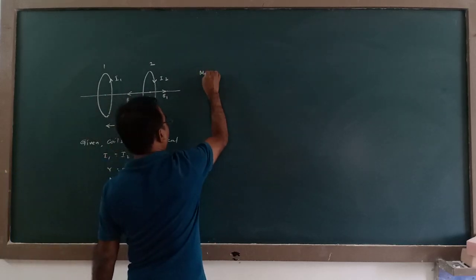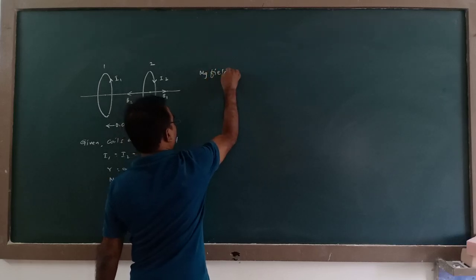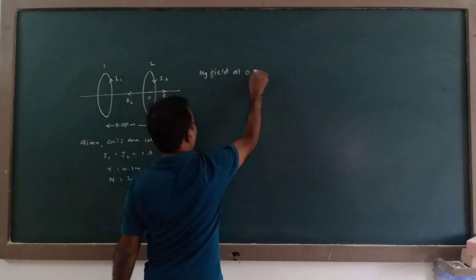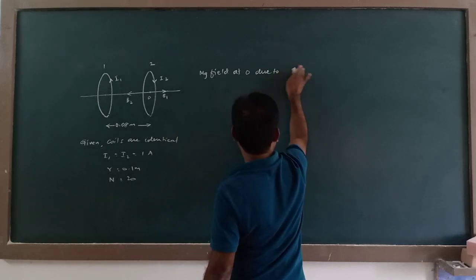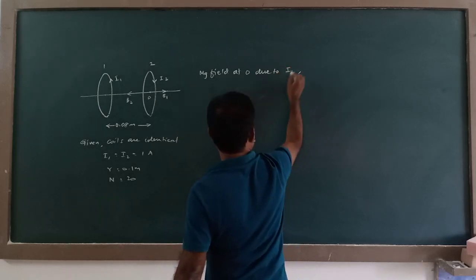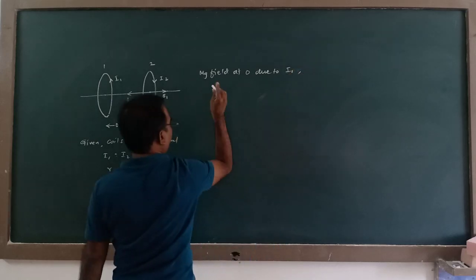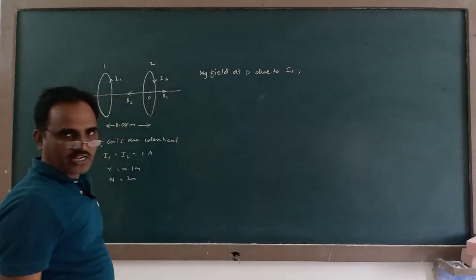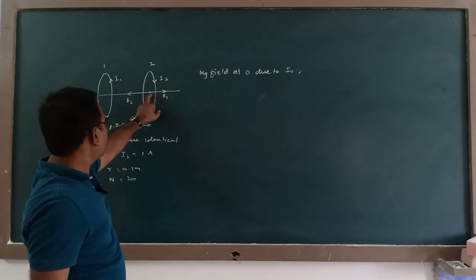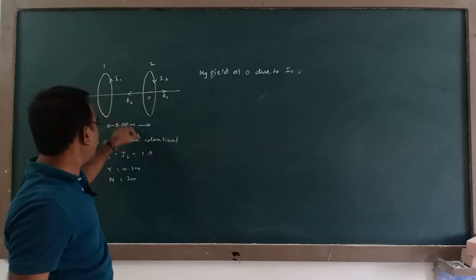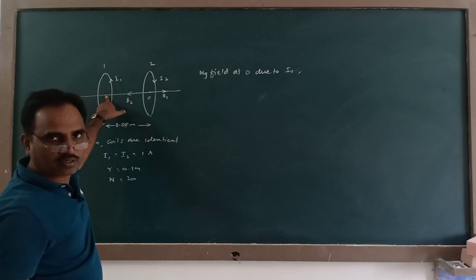So magnetic field at O due to I1, current in the first coil. So which formula to be used here? This point O, it is lying somewhere 0.08 meter from the center of the first coil.